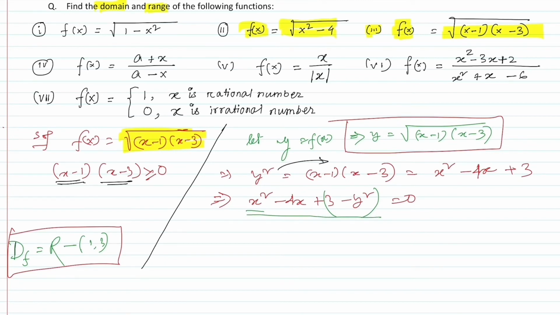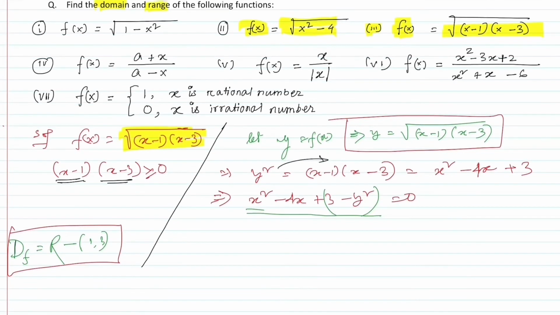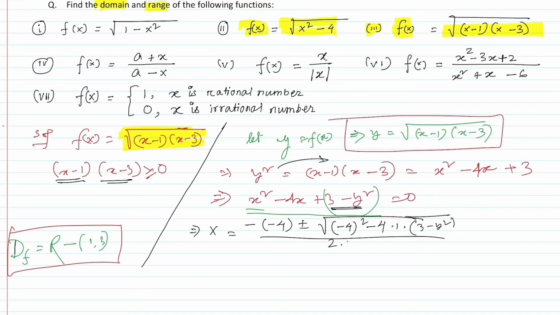So the value of x is given by the quadratic formula: minus b plus minus root over b square minus 4ac, where a is 1 and c is 3 minus y square, divided by 2a, that is 2 into 1.